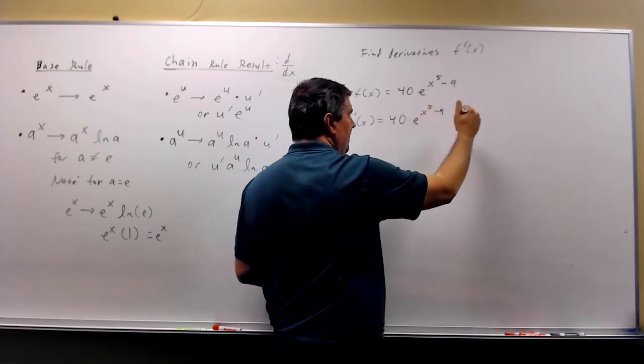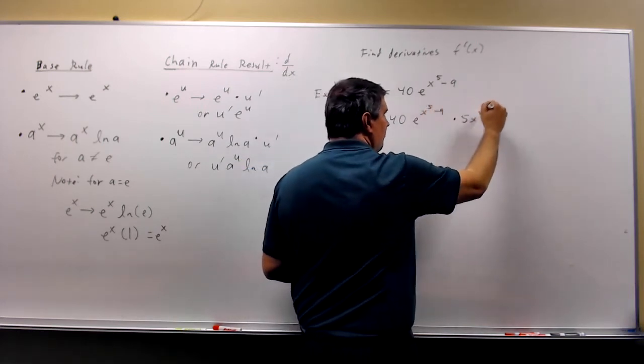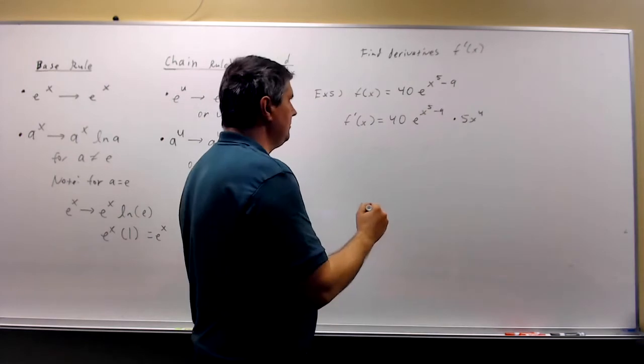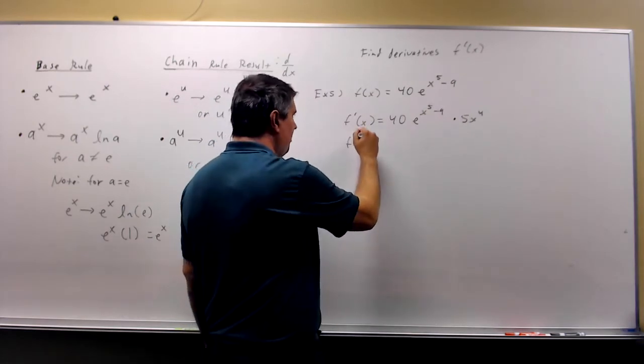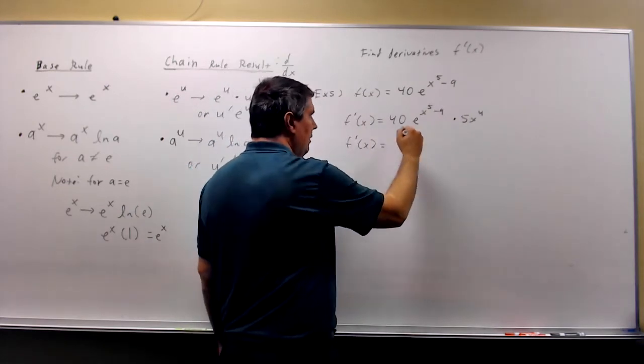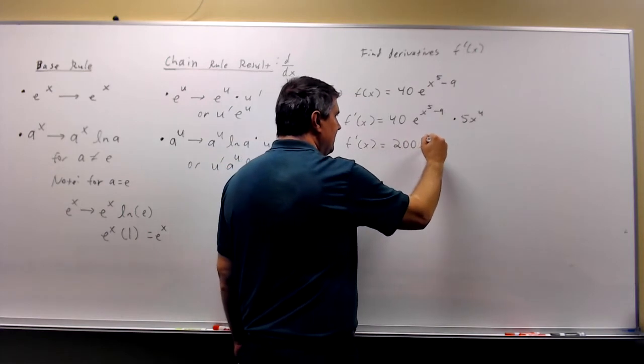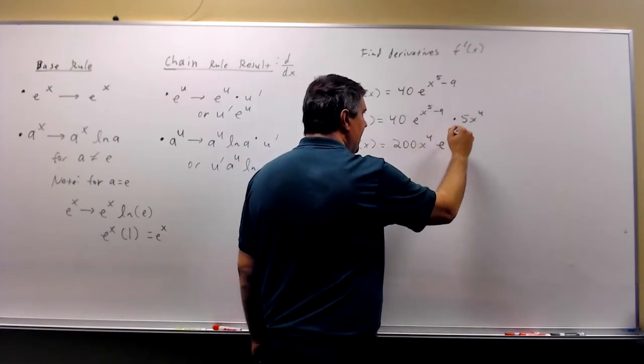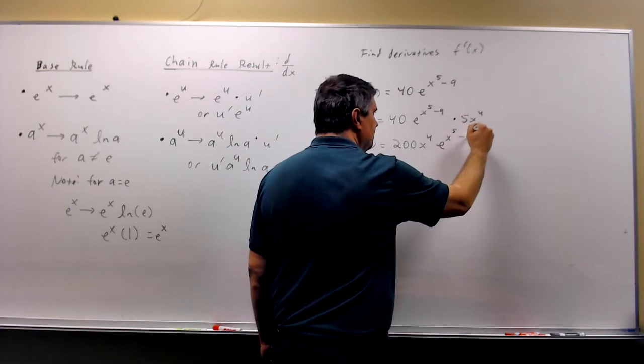So that would be 5x to the 4th. So f prime of x will equal 200x to the 4th times e to the x to the 5th minus 9.